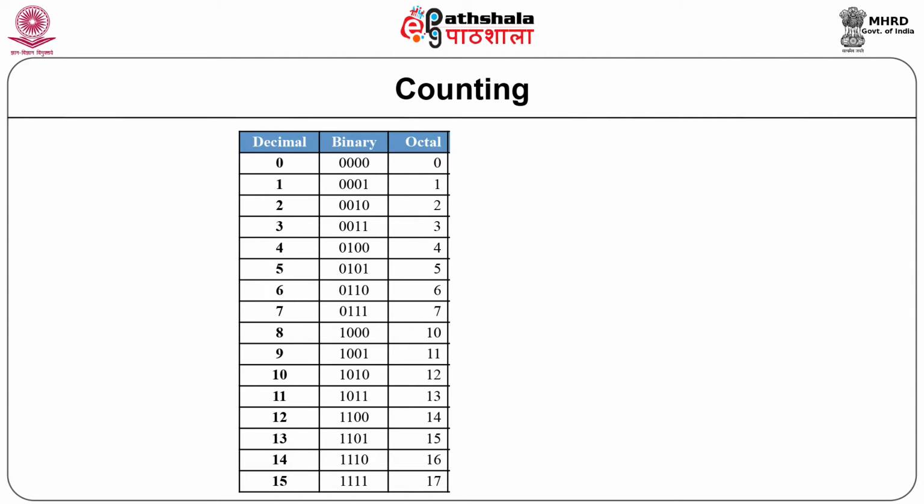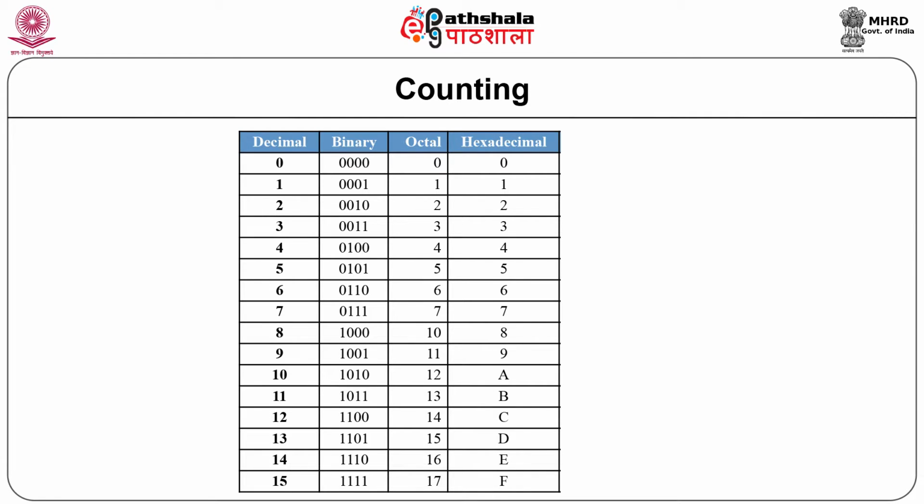In the octal number system, we can count the numbers starting with 0, 1, 2, 3 up to 7. After 7, the 8th number will be represented as 1, 0 in octal, then 1, 1, 1, 2, 1, 3 and so on.